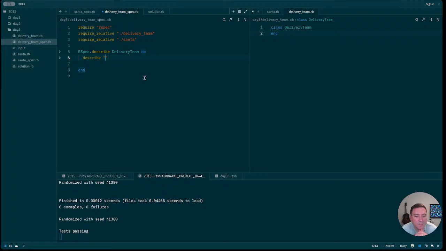Let's just see what happens if we start writing the method name.